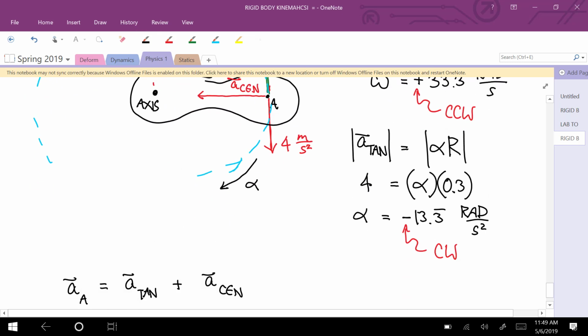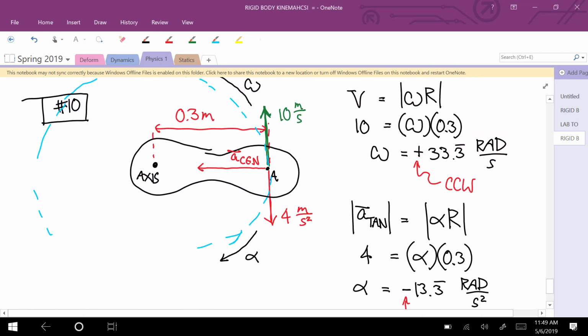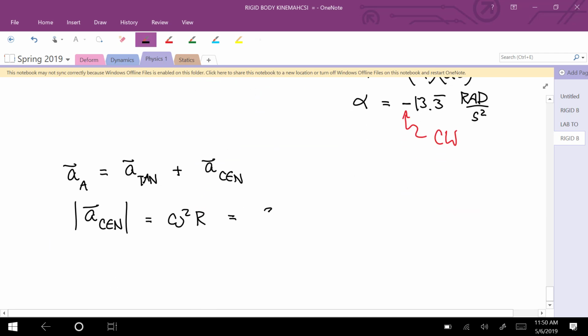So that is 33.3 repeating squared times 0.3. What's that? 333.27 meters per second squared.